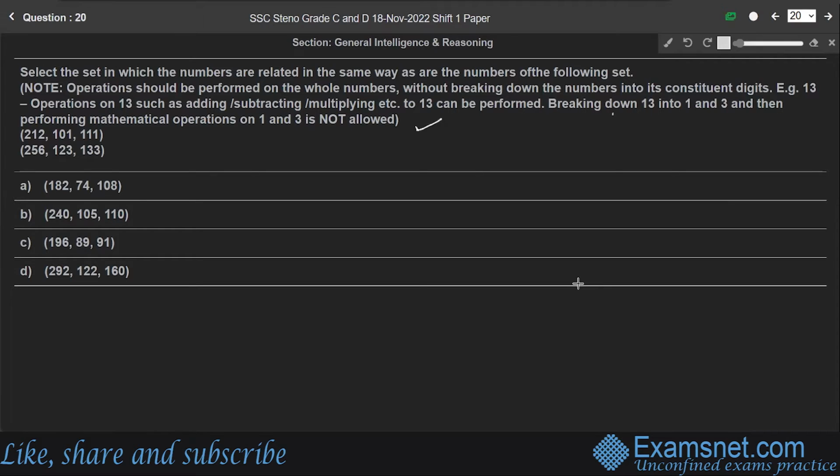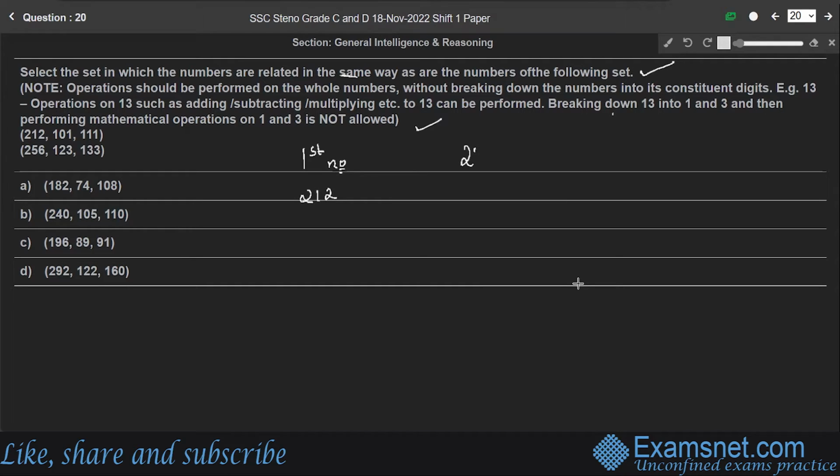Question number 20. Select the set in which the numbers are related in the same way as the numbers of the following set. As in the previous questions, here also note that whole numbers should be considered. You should not break down the number into its constituent digits and then perform the mathematical operations. Mathematical operations should be allowed only for whole numbers. So we'll consider the first set of numbers. First number in first set is 212.